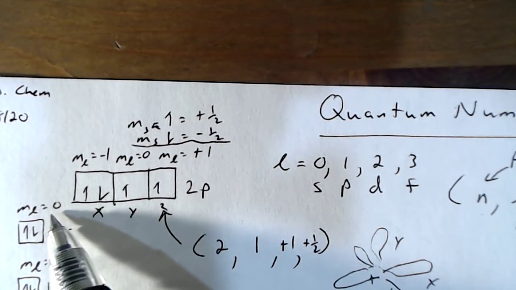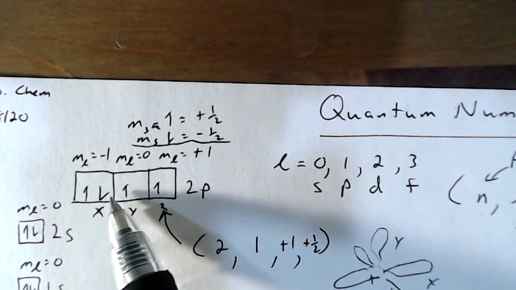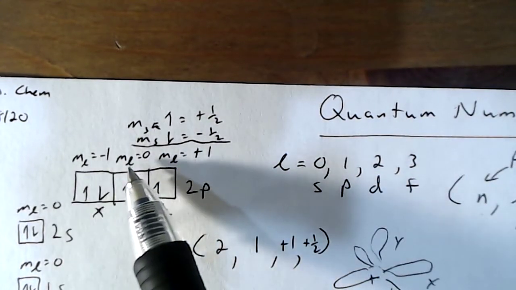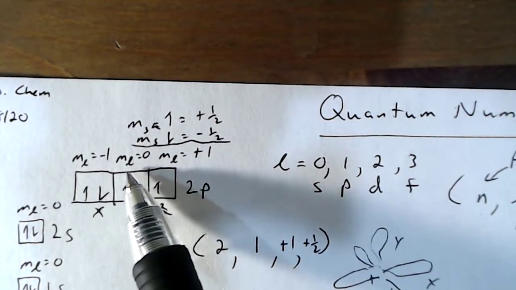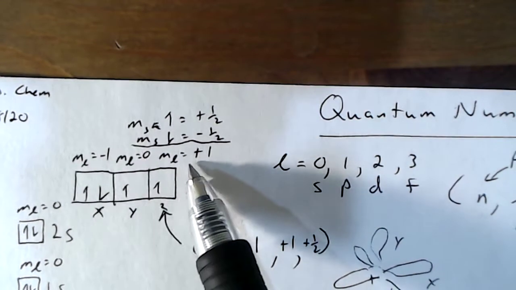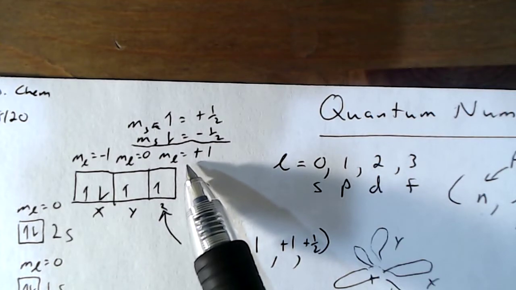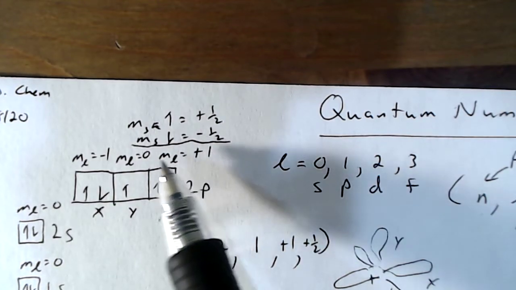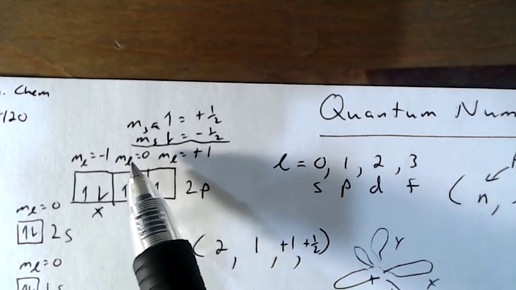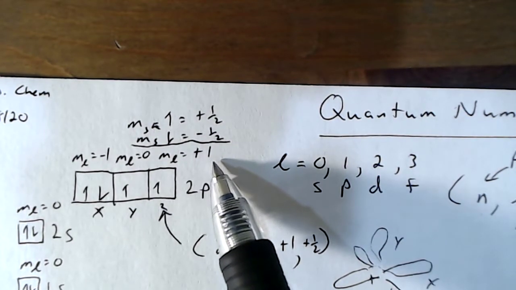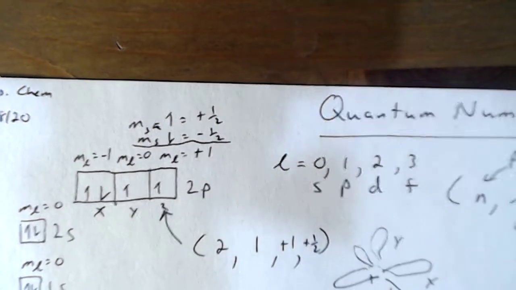In all cases, the middle one might be the value of 0, and then you kind of get a range. If you have 3 orbitals, then you have -1, 0, and +1 possible magnetic quantum numbers. But if you had, say, 5 orbitals, you'd have -2, -1, 0, +1, +2. 5 possible magnetic quantum numbers.